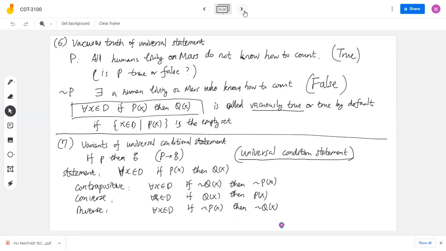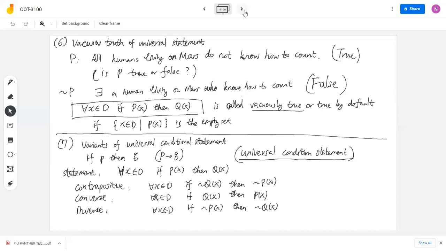I think there's nothing more to say about this. If you know how to transform the original conditional statement into its contrapositive, converse, and inverse, you should have no difficulty transforming a universal conditional statement into its contrapositive, converse, and inverse. So let me briefly discuss why we don't care about the existential conditional statement.